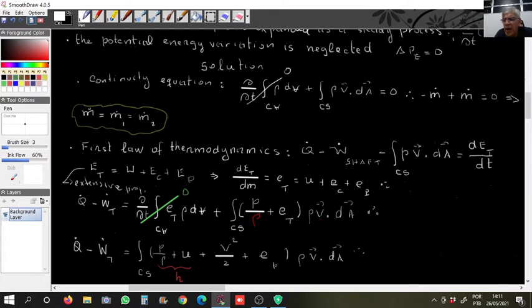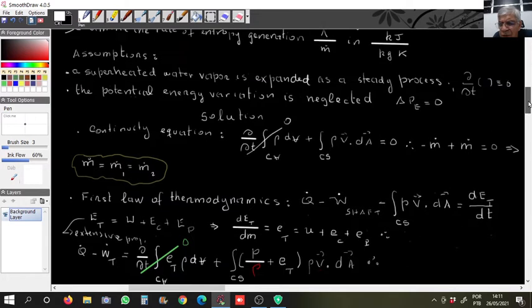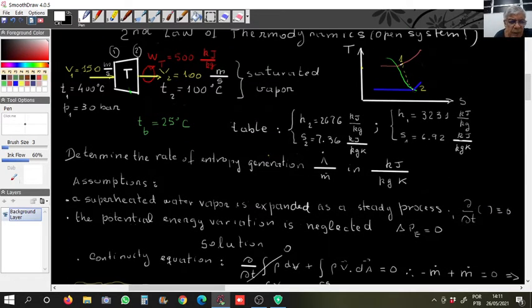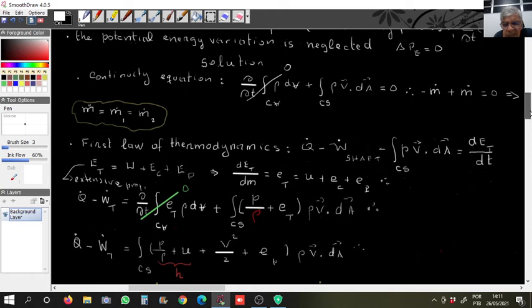Now, if you apply it to the surface of this equipment, the turbine, you have section 1 and section 2, through which water vapor flows. The sign is important.